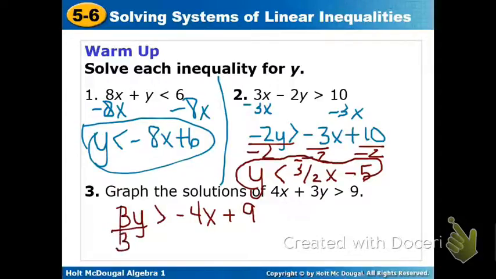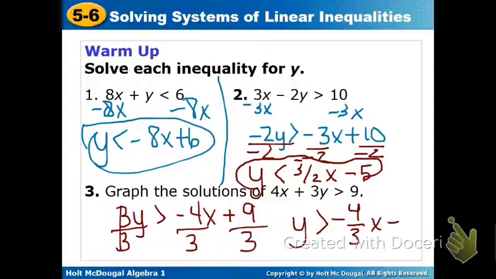Divide through by the 3. So then our inequality is y is greater than negative 4/3 x plus 3. So now we have to graph that. Let me write that down here real quick.